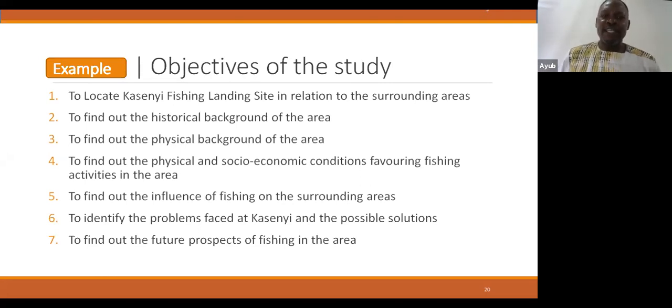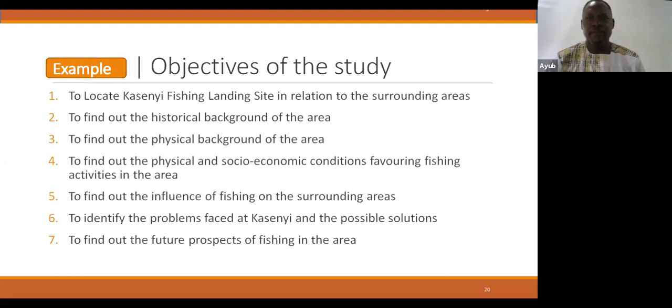So I give an example of a study that we did at Kasenyi Fish Landing Site, and we had 7 objectives. Now you see how we wrote them. To locate Kasenyi Fish Landing Site in relation to the surrounding areas. Now, if you are going to do Kajansi Quarry, so the first objective could be to locate Kajansi Quarry, to locate your area of study in relation to the surrounding areas.